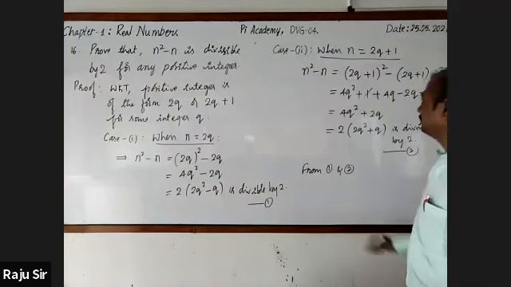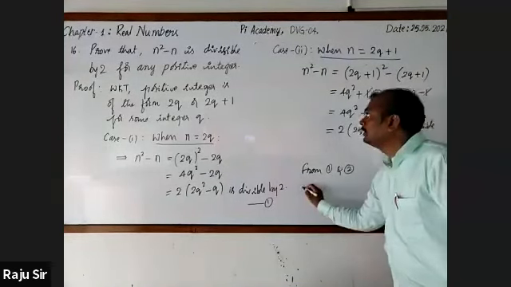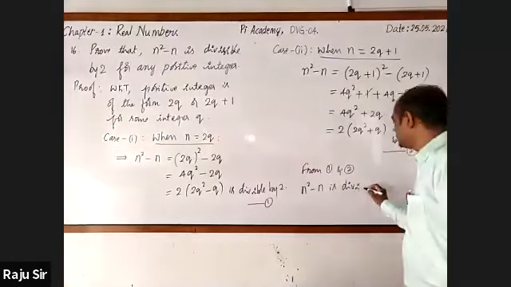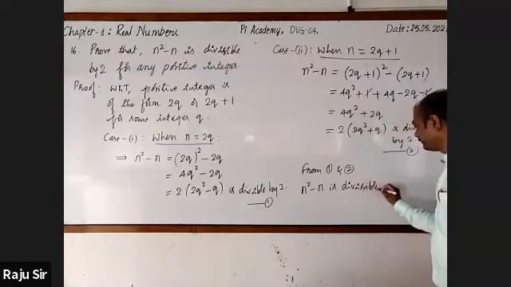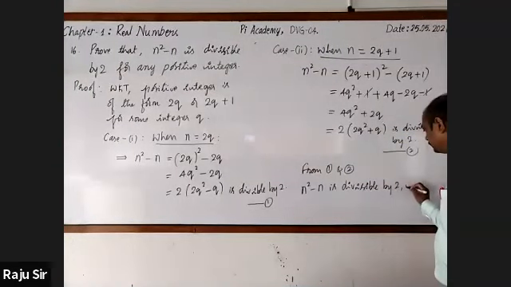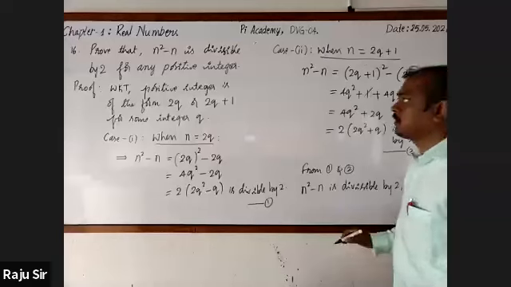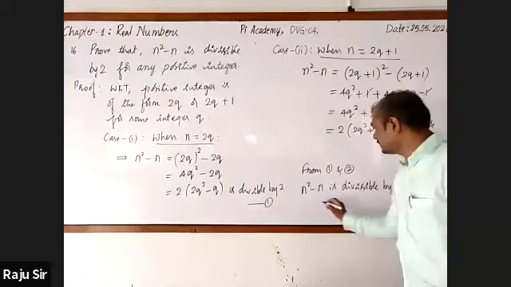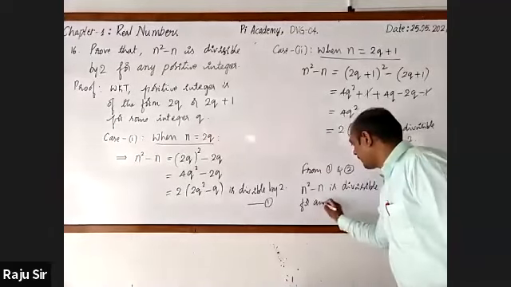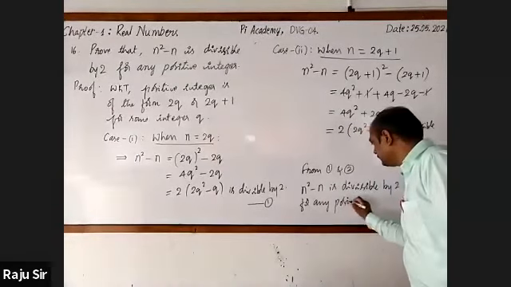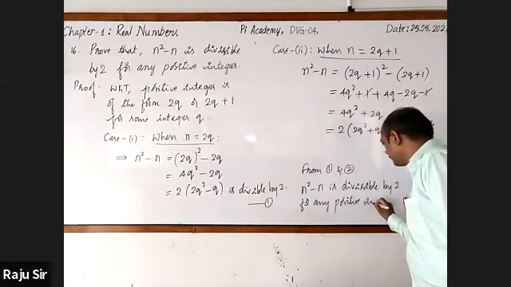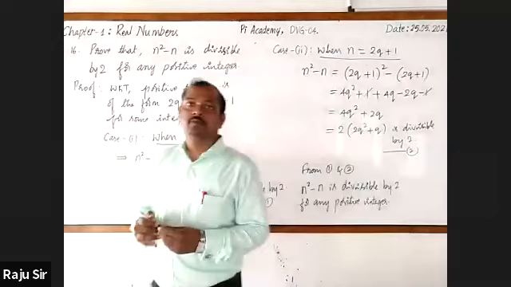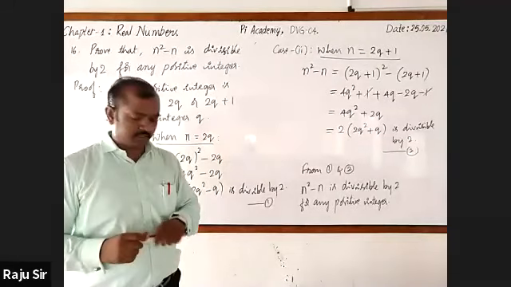From 1 and 2, we can write that n square minus n is divisible by 2 for any positive integer.